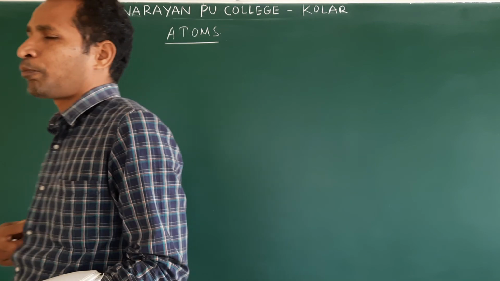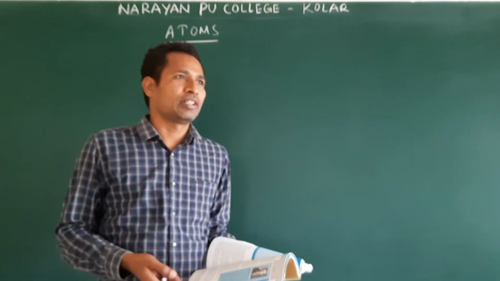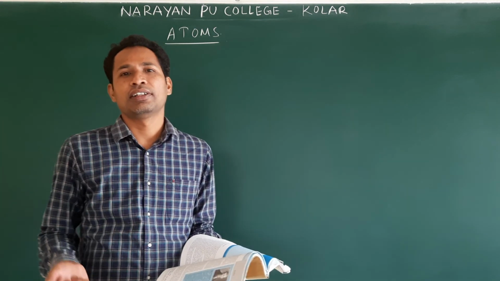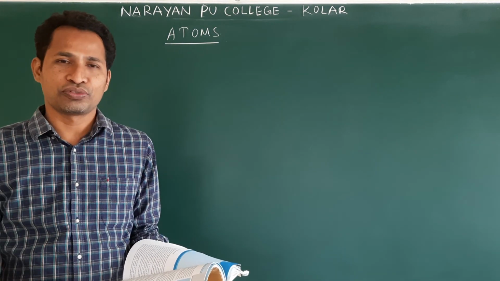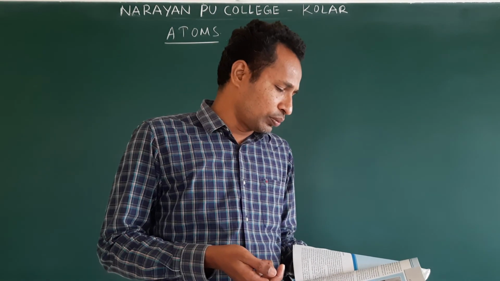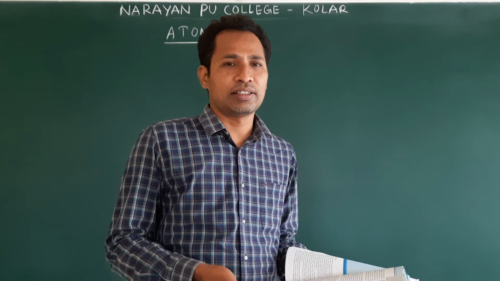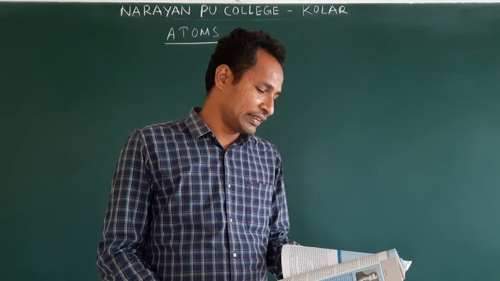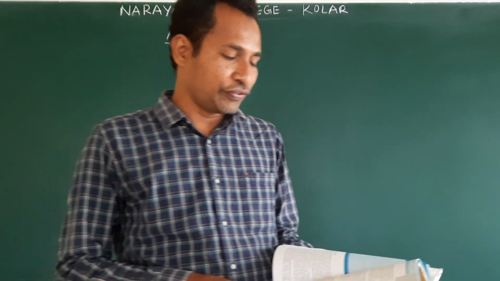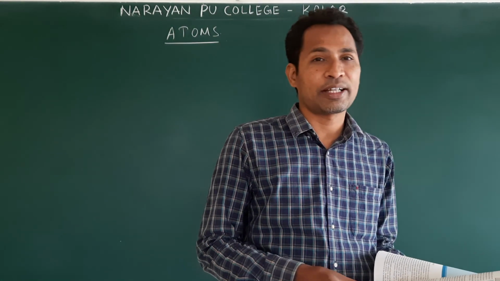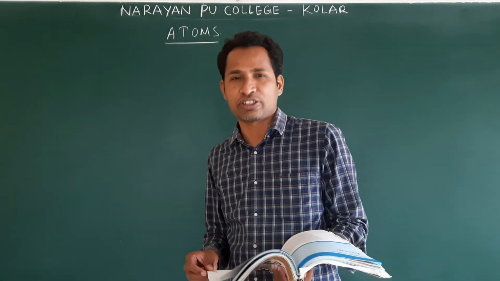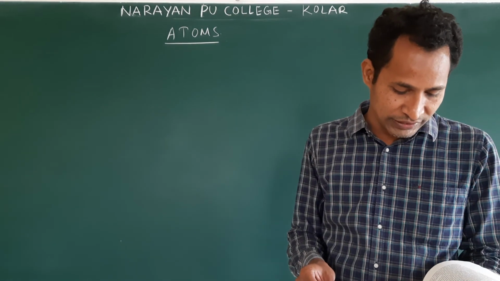See, one proposed a model, then in sequence one did the experiment and another gave theoretical and experimental proof for this model. So the most acceptable model in that period was the Rutherford model. That we will see first. After that we will see the Bohr atomic model. What was the Rutherford model and who did the experiment for it, we will see.